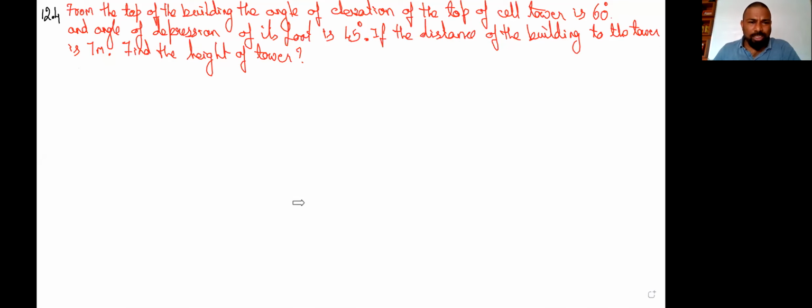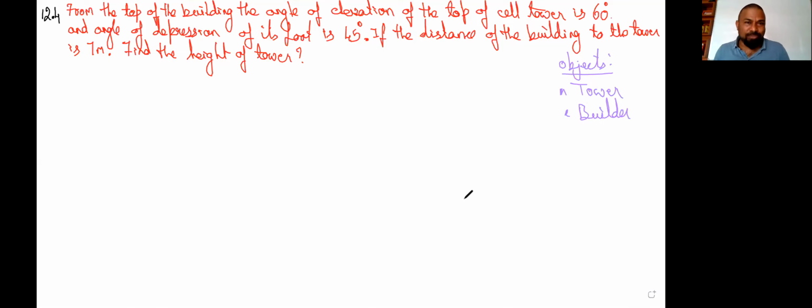Right. Here, what are the two objects we are having? Sneha, can you please tell me what are the two objects he is giving in the question? Building, tower. Yeah, tower and the building are the two things he has given. Of course, if you check it out, tower and building both are vertical objects, the objects which are going to stand on the ground.